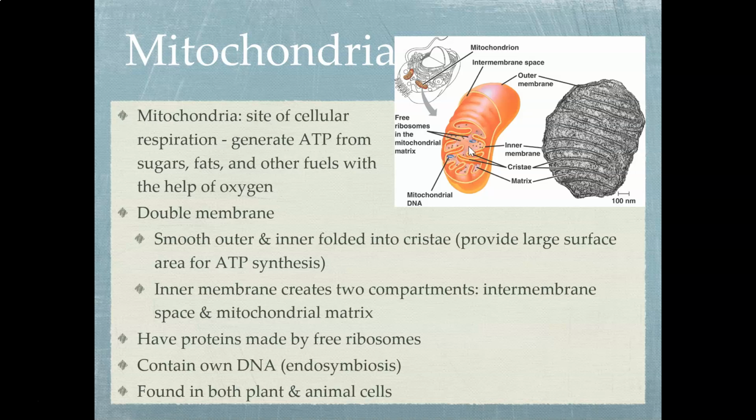And those ribosomes do look a little bit more like prokaryotic ribosomes as opposed to eukaryotic ones. And they also contain their own mitochondrial DNA. So there are a handful of genes that sit in your mitochondria and do get expressed that aren't actually part of your nuclear DNA. And keep in mind, all of your mitochondria came from your mother. So they are maternally inherited as opposed to your nuclear DNA, which would have come half and half from both parents, which is kind of interesting.